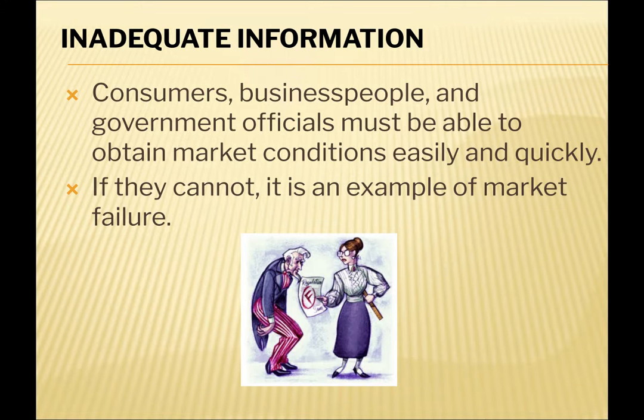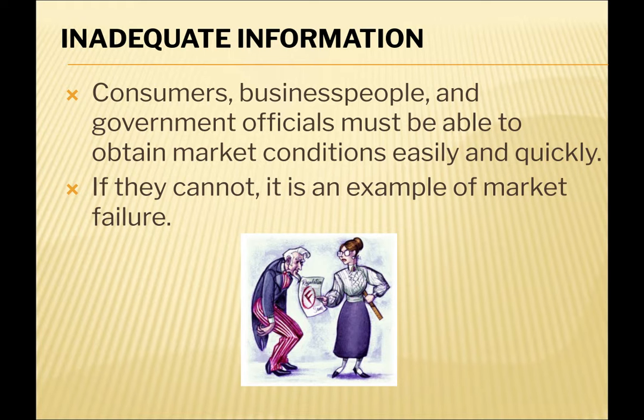All right, inadequate info. This is just going to be the transparency. So as a consumer, you want to make sure that you're aware of, if you are investing in this company that's publicly traded, that you know all of their financials, that you have all that information so that you're not investing in something that the company's being dishonest about.